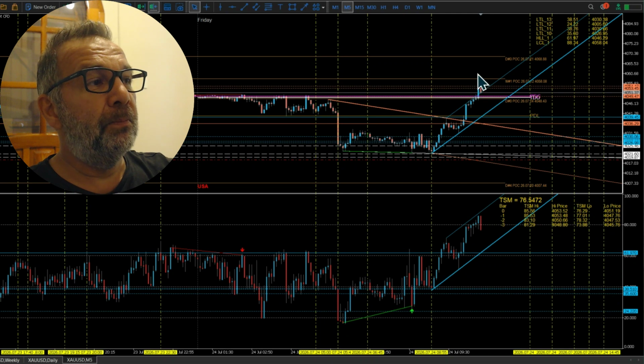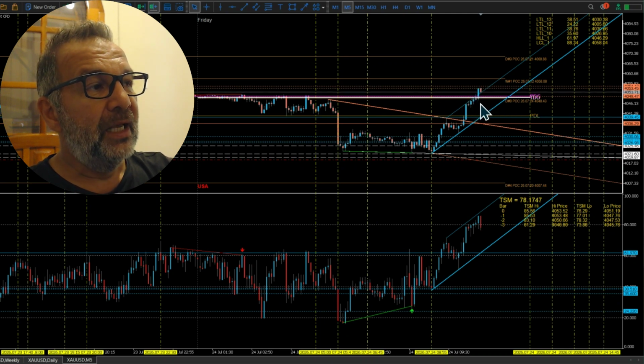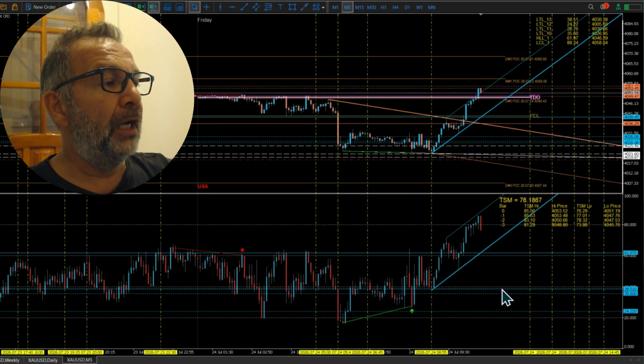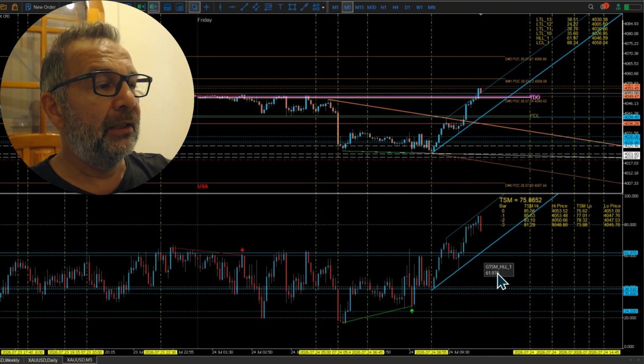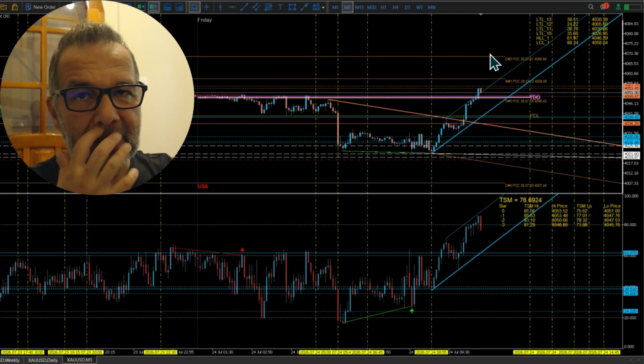Which is exactly what's happening here. They blasted it up, but they haven't swept it in this 5 minutes. They've broken out clean. And this is a 5-minute chart with the TSM down here. So if I want to get into the trade, I'd be looking at price levels here, which are all reflected in there. So what am I trying to say?